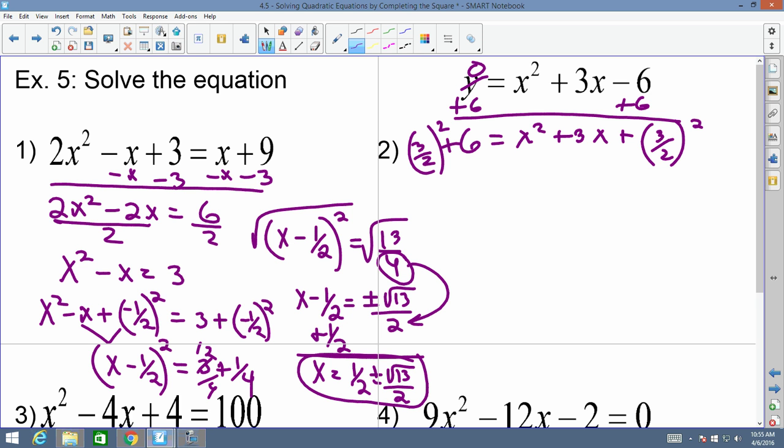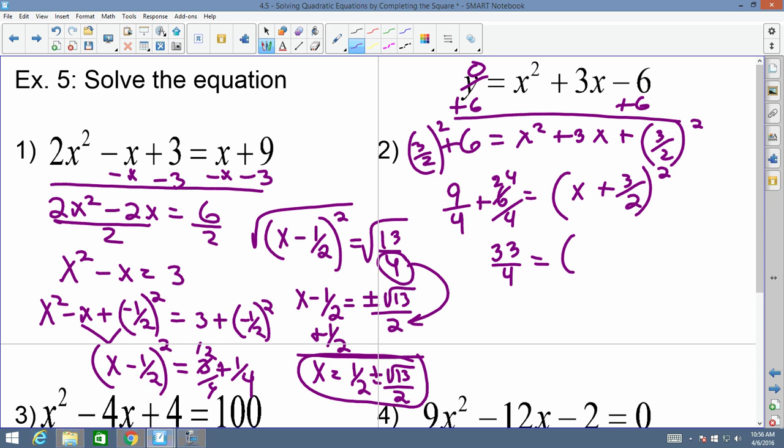So now I have 9/4 plus 6 equals x plus 3/2 squared. I went ahead and created my perfect square binomial. This goes to 4, that goes to 24. That's 33/4 equals x plus 3/2 squared.